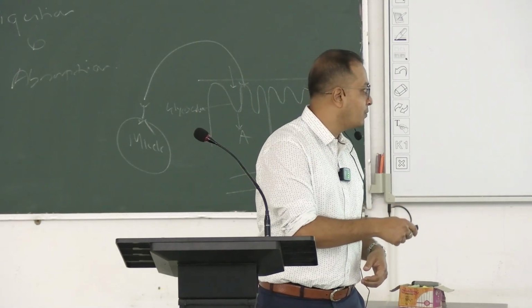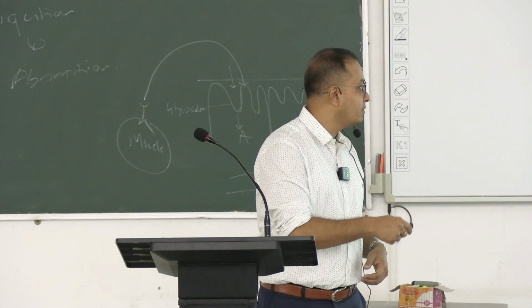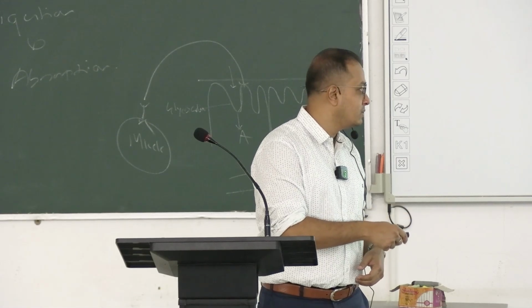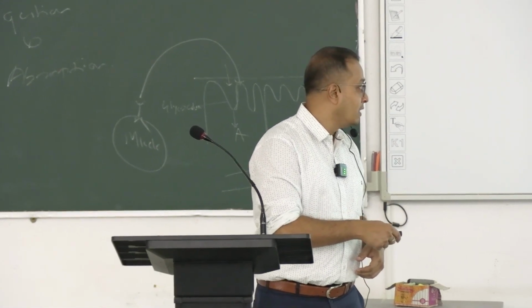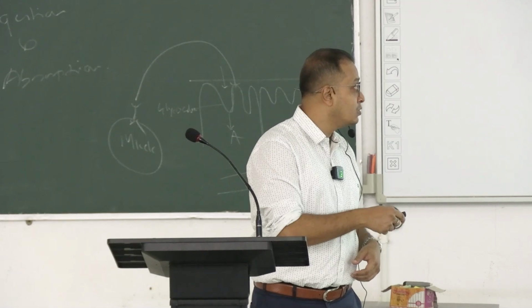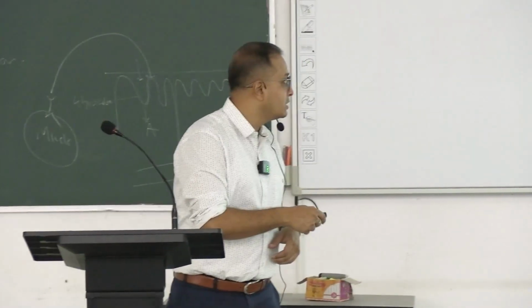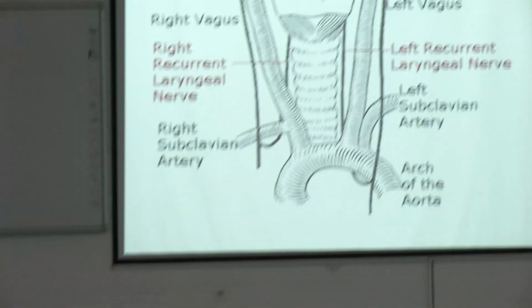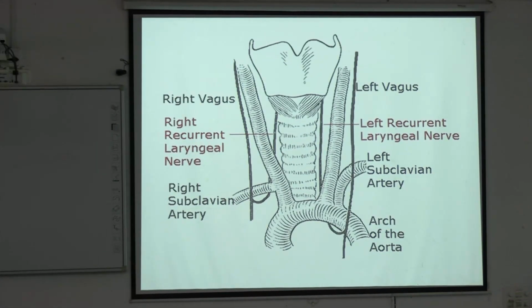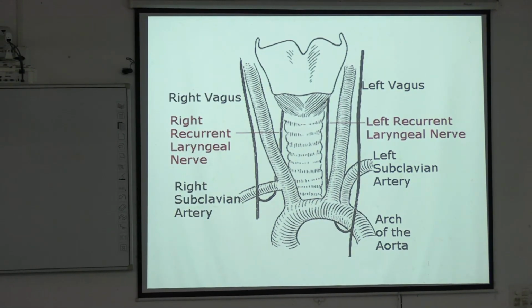As the vagus drops down from the neck region and reaches the level of the thorax, this branch goes up to supply the larynx, or voice box. We call it the laryngeal branch, and as it is recurring back, the recurrent laryngeal branch. Right side, right recurrent laryngeal; left side, left recurrent laryngeal branch.